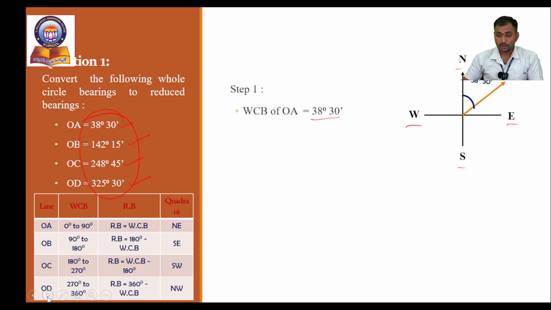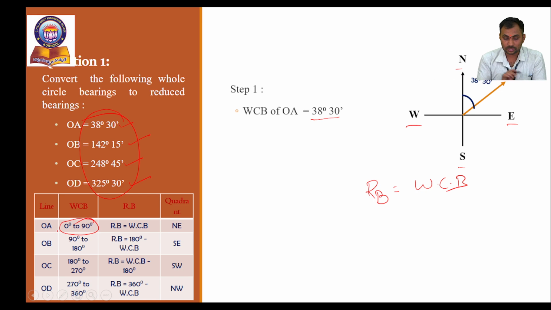So now we have to calculate. Reduced bearing equals WCB. You just see the condition where the bearing value is presented in between 0 to 90 degrees. Our bearing value is presented as 38 degrees 30 minutes, so the reduced bearing is equal to the whole circle bearing.